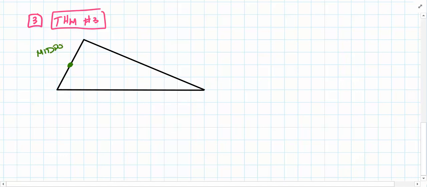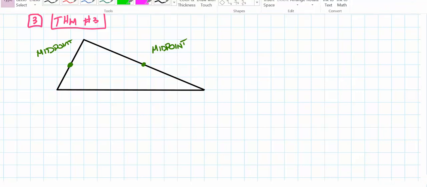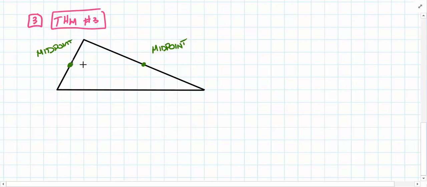Let's find the midpoint of the other segment. I'm guessing it'd be right about there. Is that close enough? If I have my 2 midpoints, then I'm going to connect them with another segment, just like that. It's in green right there.